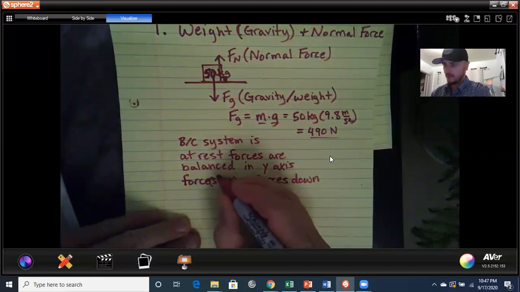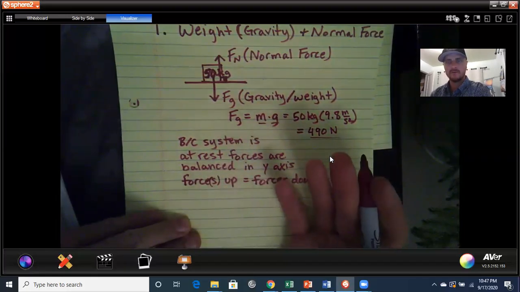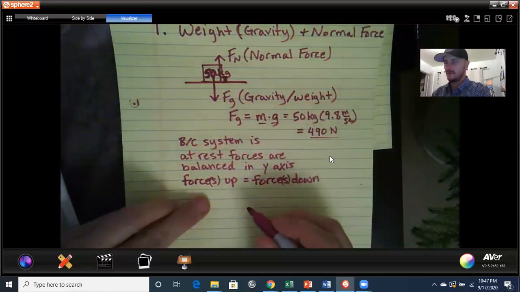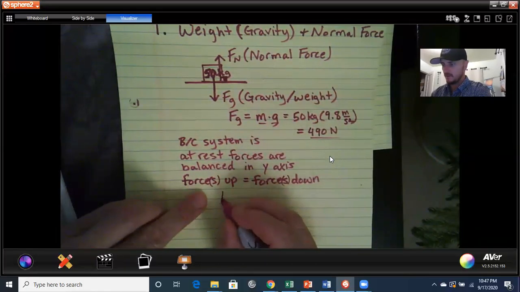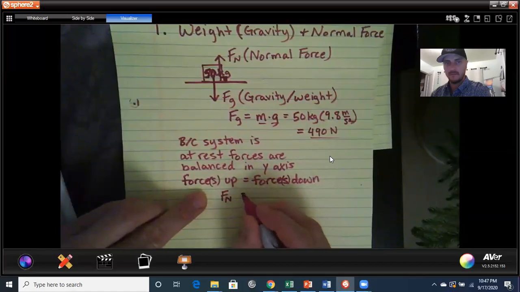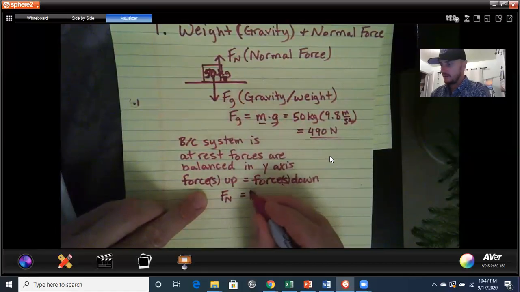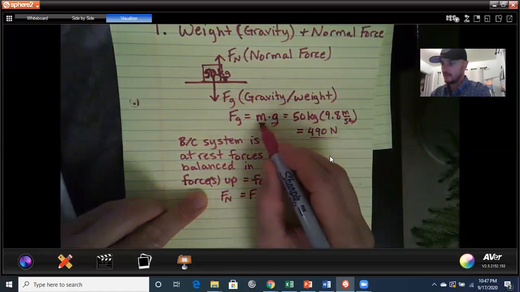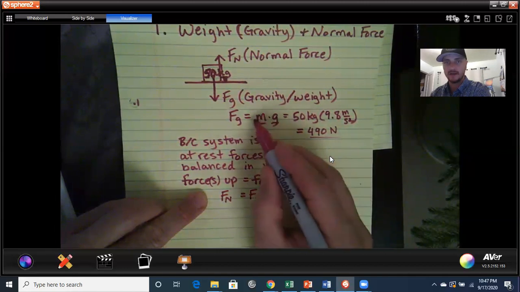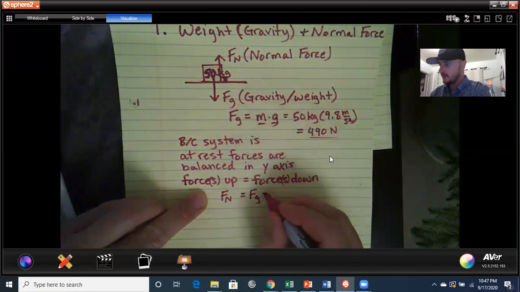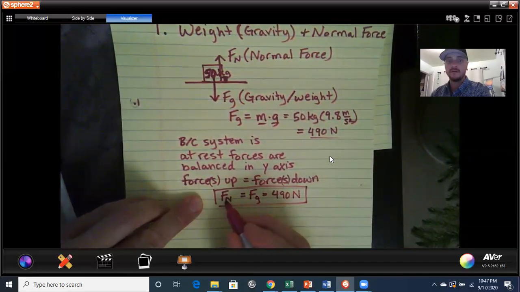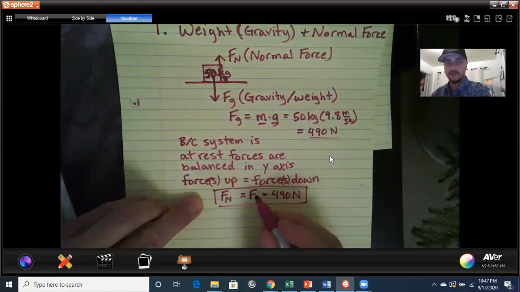And notice I put plural here, because sometimes there is more than one force acting up, and sometimes there is more than one force acting down. But the only force acting up is Fn, so I'll write Fn. And that must be equal to Fg. And Fg, well, we already found it. How did I find it? Again, it's that simple little equation I just showed you, mass times little g, and that ended up equaling 490 newtons. So all of this is a true statement. Fn is equal to 490 newtons, and so is Fg.